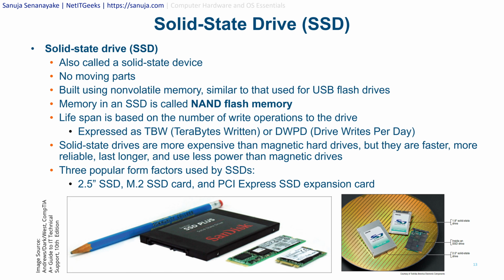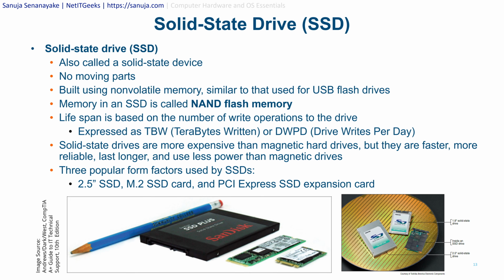Compared to our platter devices, the magnetic platter hard drives with a spinning disk that is written onto using different sectors, with an arm that goes back and forth over the spinning disk, solid state drives do not have such mechanical moving parts. So that's the reason why we use the term solid state drive. It is solid state. It does not have any moving parts.